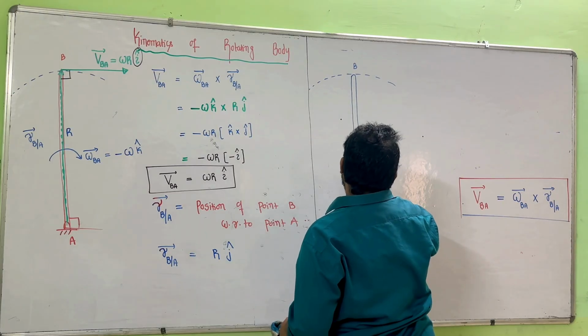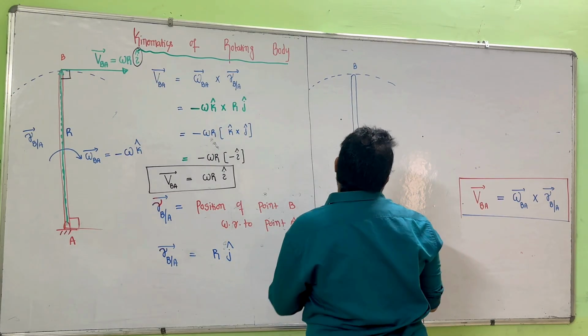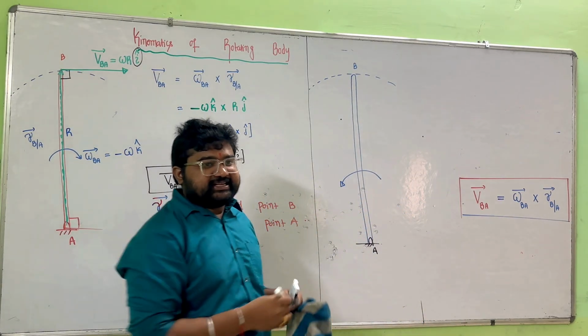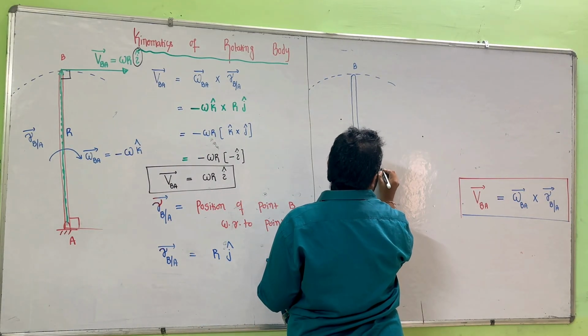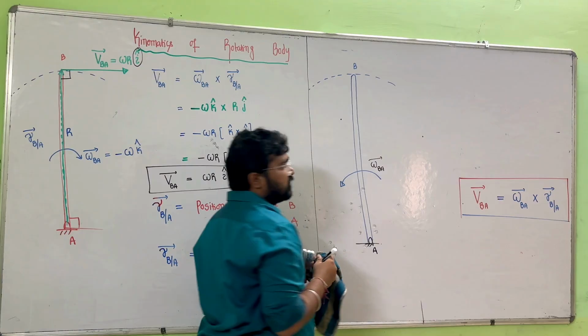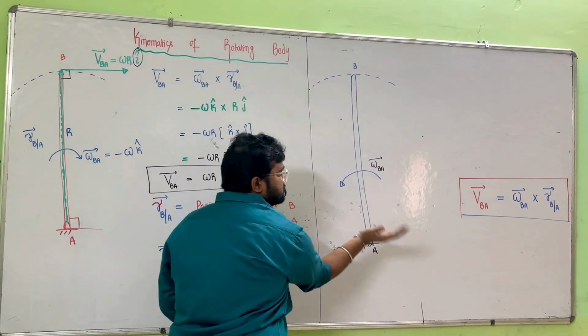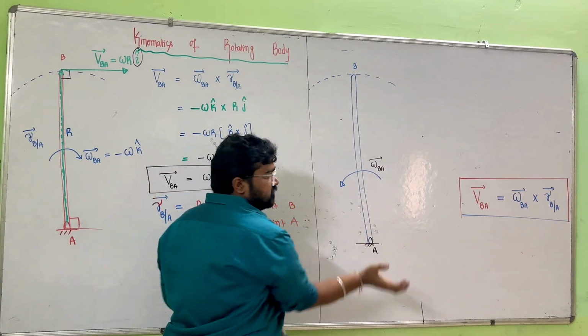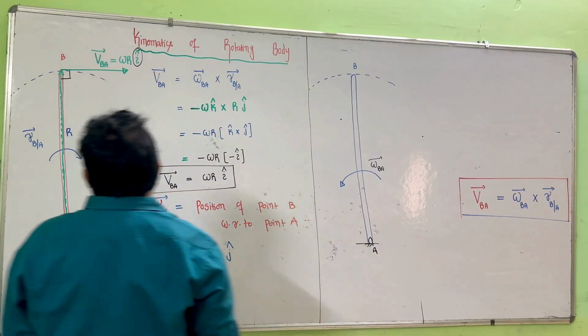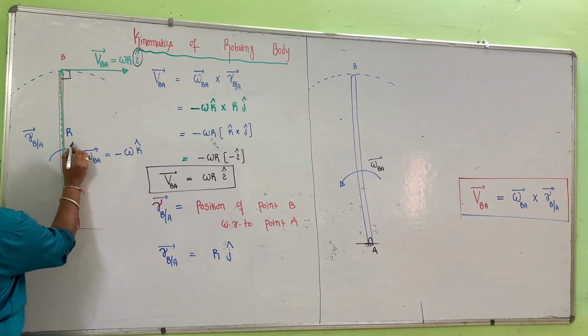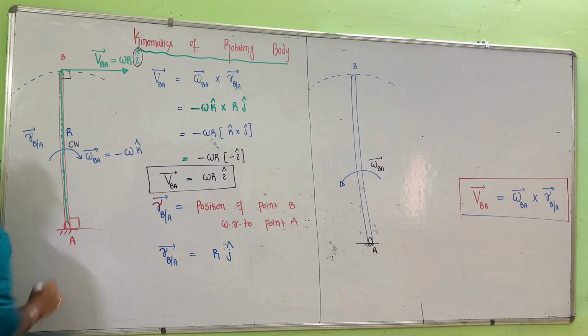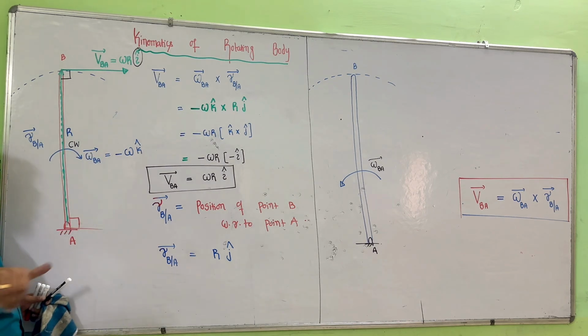It is rotating in the opposite sense, in this particular direction, omega BA bar. Is it clockwise or anti-clockwise? This is clockwise.